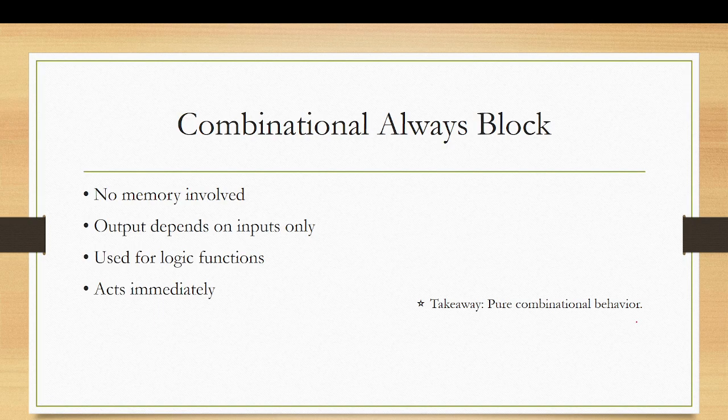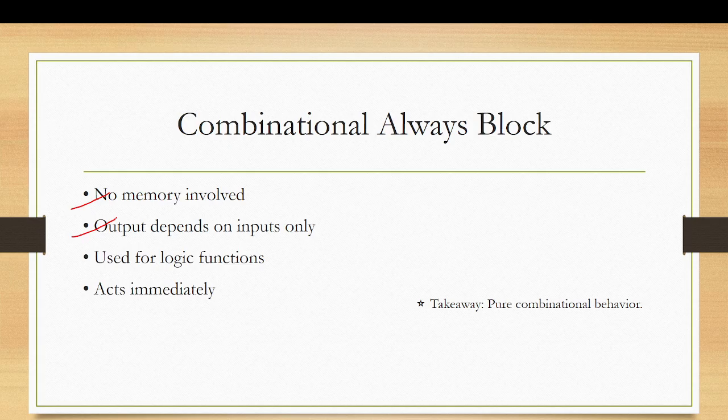This type of always block is commonly used for combinational logic. Combinational logic has no memory. The output depends only on the current inputs, we can say. The moment an input changes, the output must be recalculated.